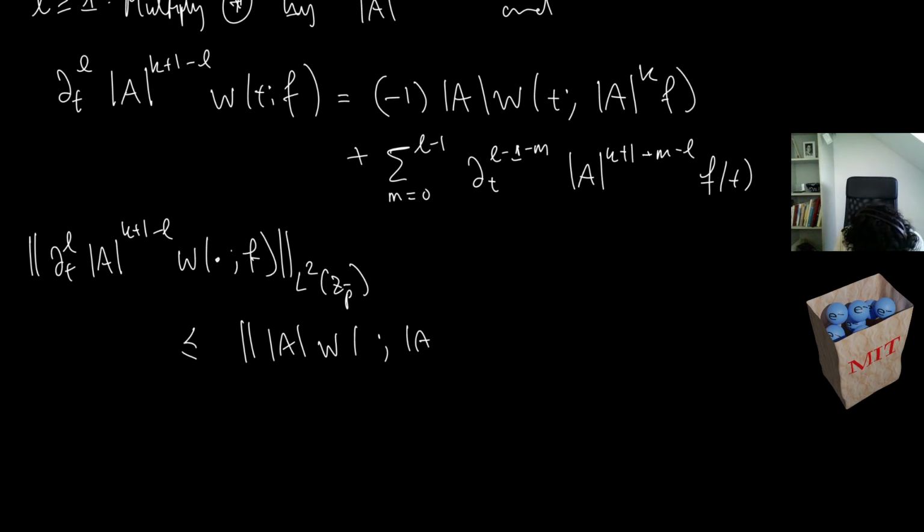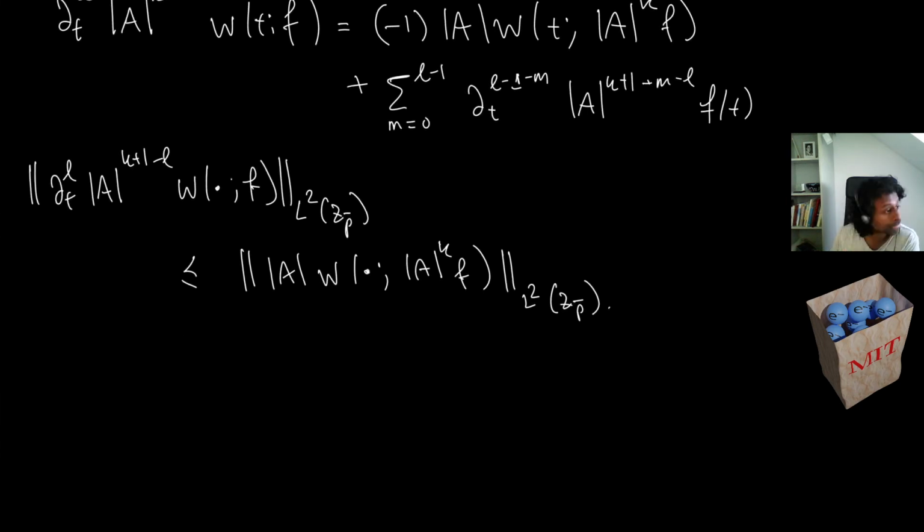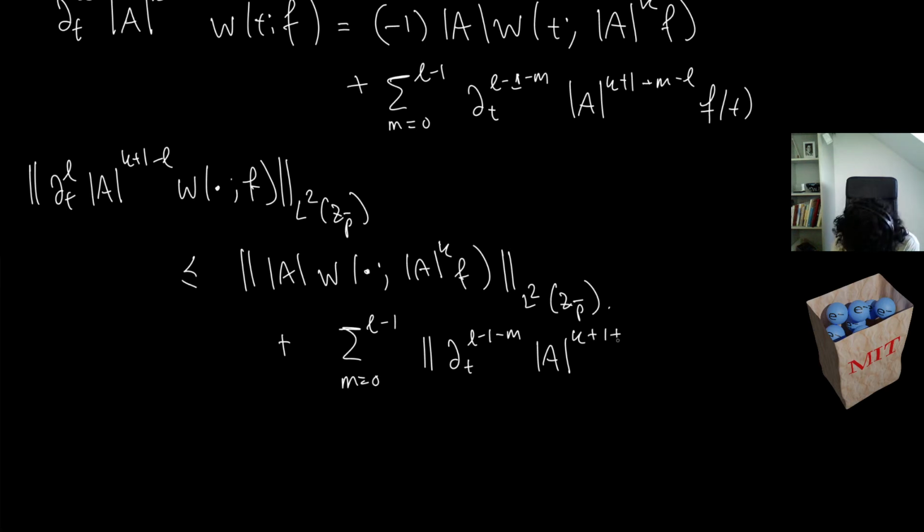Maybe I'll get rid of the t's and just put dots here. Modulus A to the k of f, which we know how to bound, L2 Z rho, plus the sum m equals 0 to L minus 1, partial t to the L minus 1 minus m, modulus A to the k plus 1 plus m minus L of f squared, L2 of Z rho bar.